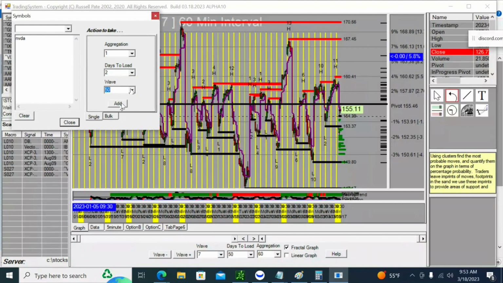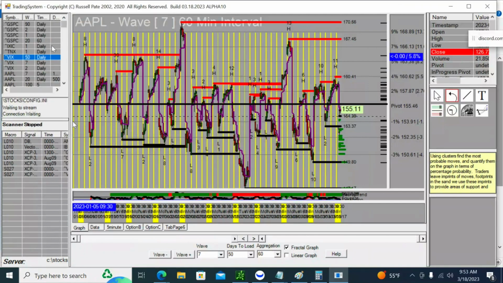I'll do like a 50. So NVIDIA. I can pretty much gauge what the market's going to do like this. Let's see, 50 and 1.